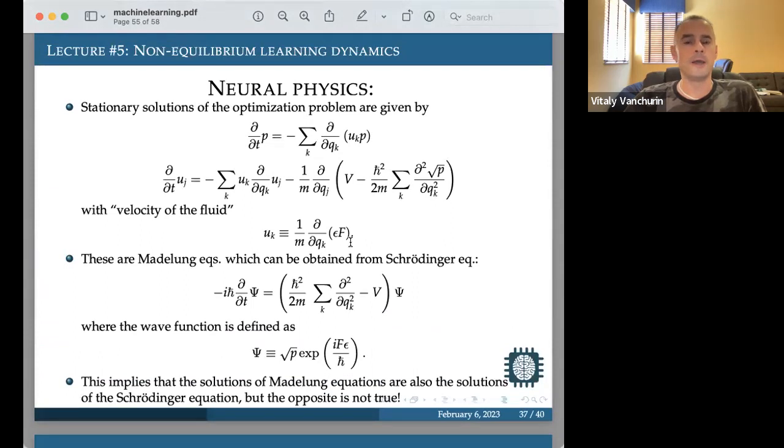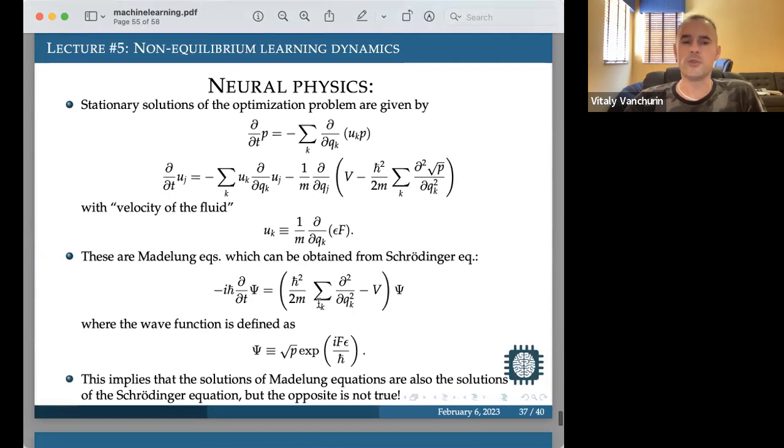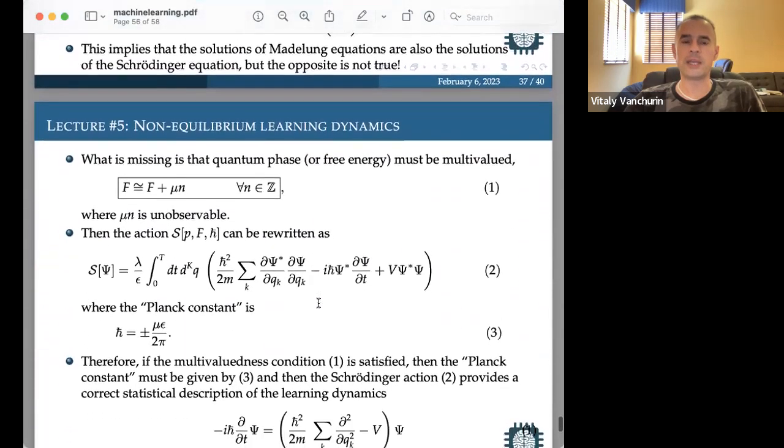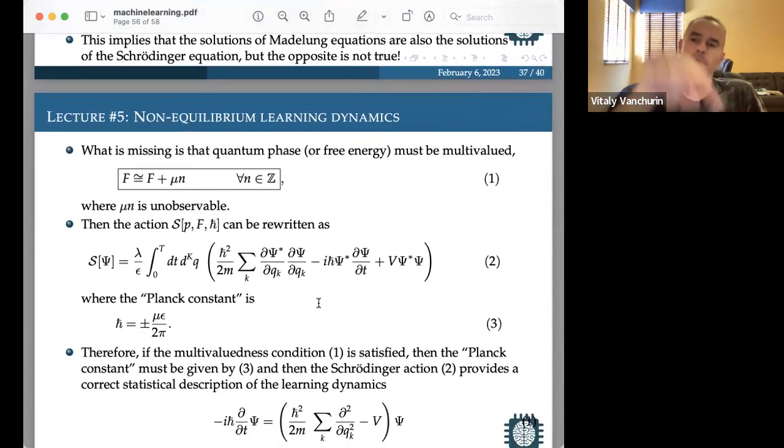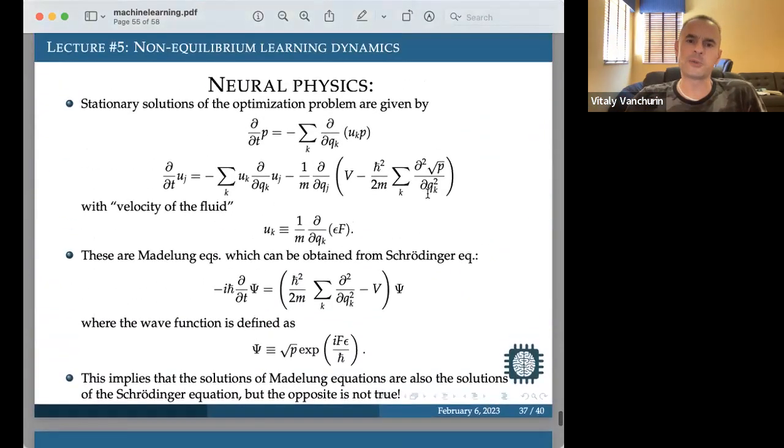So showing where this shift from Madelung to Schrodinger occurs, as far as I know, this is the only place where we can actually point the finger and say, look, in the Madelung expression, F, the free energy, played the role of this complex phase, and to make it have a constant shift, something has to change discretely.